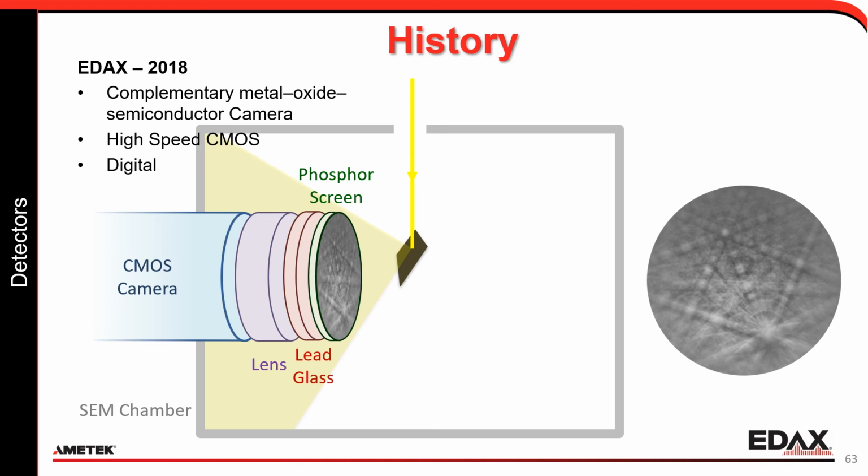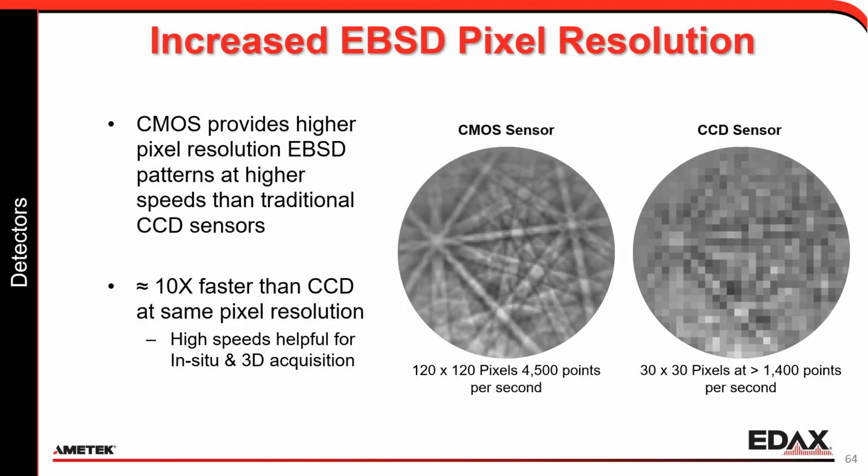And this gave us a lot of speed. Speed has been the focus of detector developments for most of the time. With the CMOS detector, we can get a lot more pixels a lot faster.